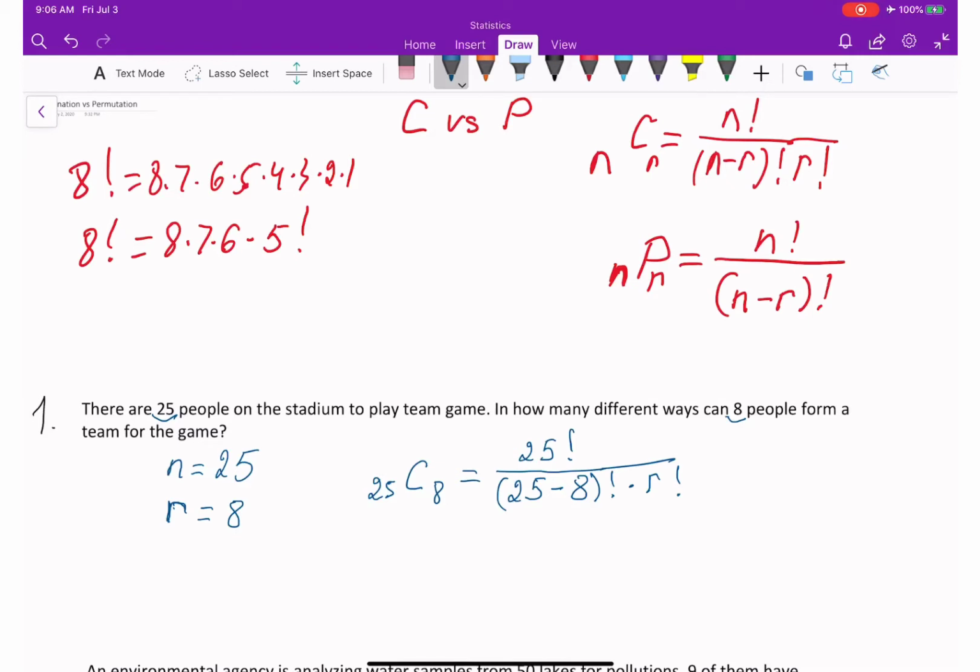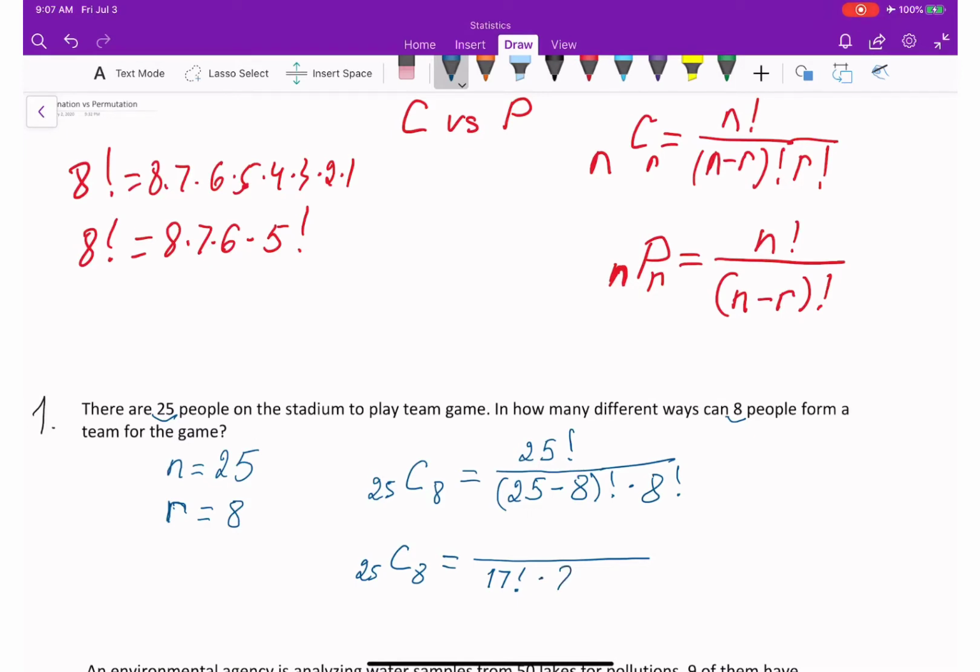So see, 8 out of 25: I put this one first, 25 minus 8 is 17, because now I will open 25 only till 17. I don't need further, so I can cancel. And here I just left r instead of plugging in the number 8. So here I will have 8 factorial.